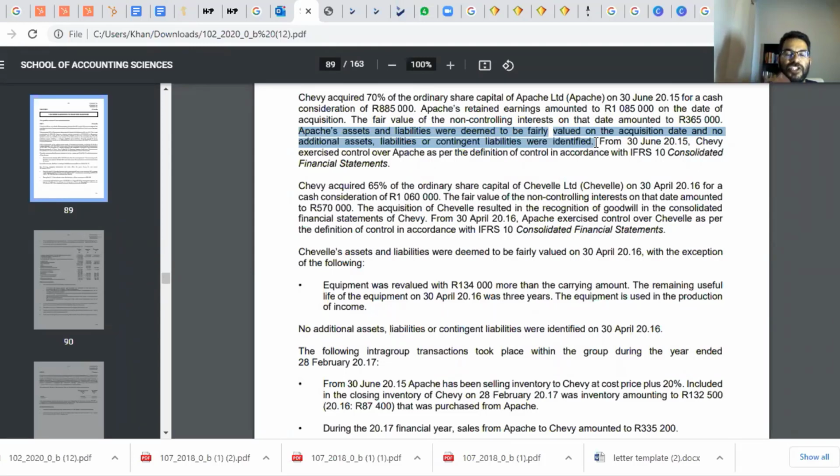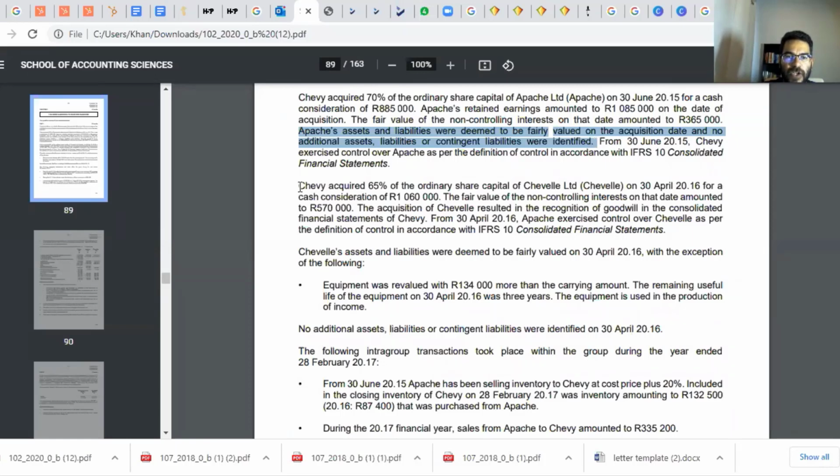We picked up that Chevy acquired 70%, but remind yourself that although they acquired 70%, consolidation still means we need to bring on 100%. And then we know the consideration, we know the retained earnings at acquisition, and we also know that all assets and liabilities are at fair value, and there are no additional assets or liabilities. Okay, so just keep that in mind.